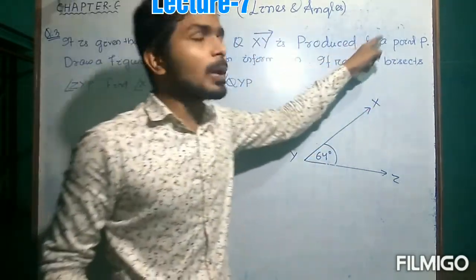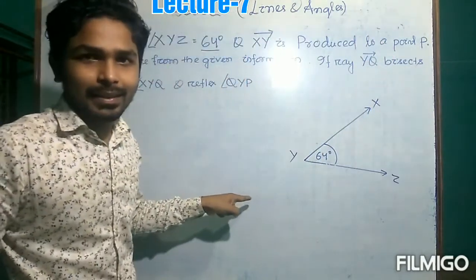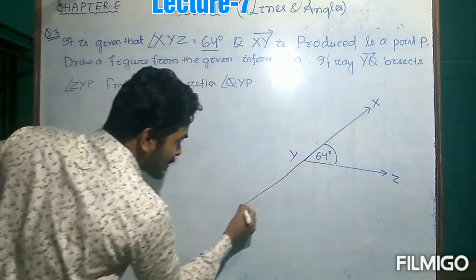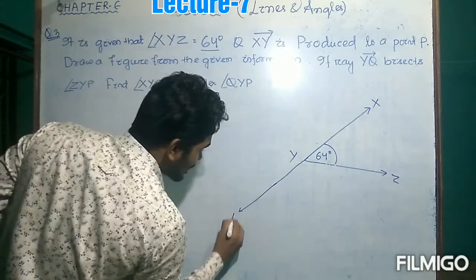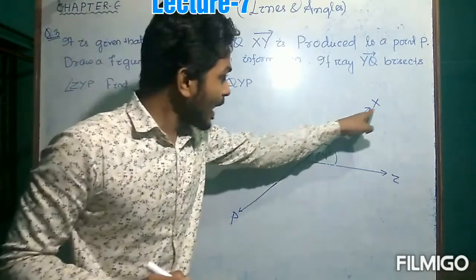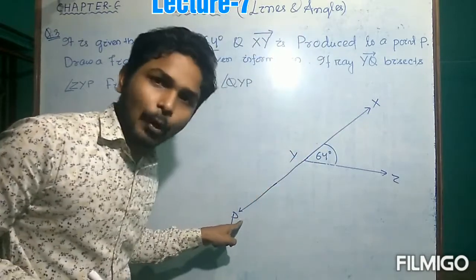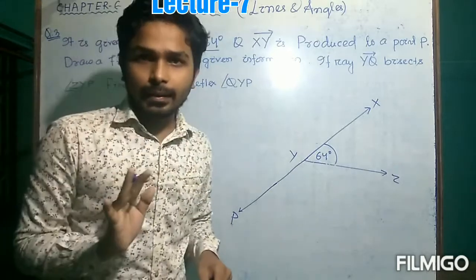Ray is produced to a point P. Produced means this XY ray is extended. Right. So it will be extended in this direction to a point P. Suppose this is the point P. Here I have extended this ray XY to a point P, so that XYP is a straight line.